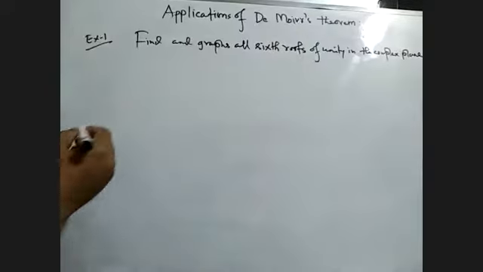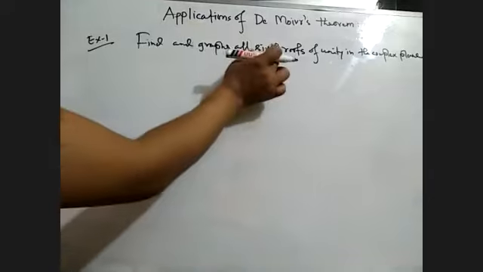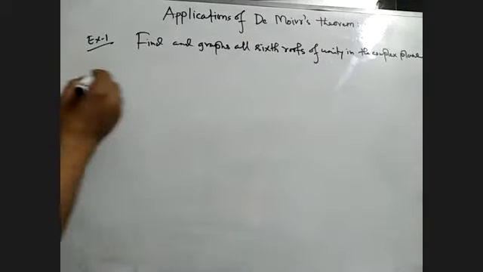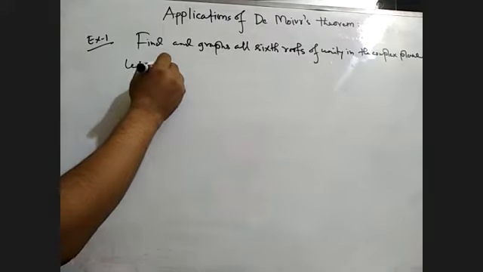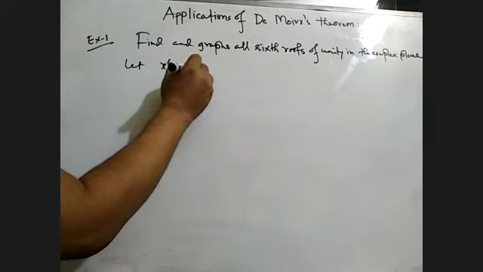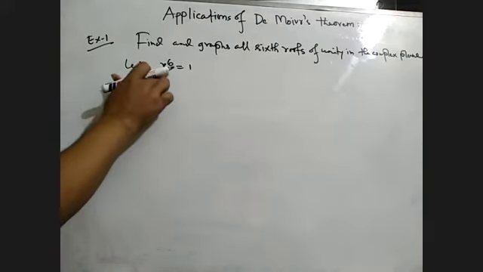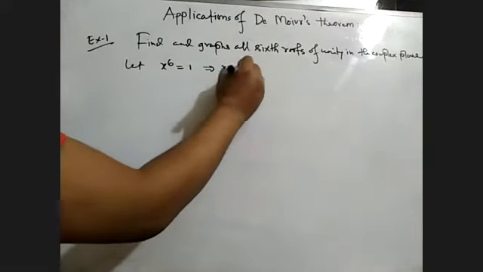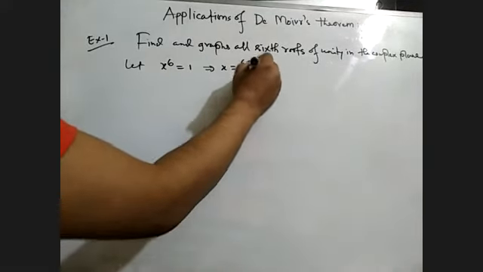We can consider it like this: x to the power 6 equals 1. This is the sixth roots of unity. That means this x can be written as the six roots of unity.